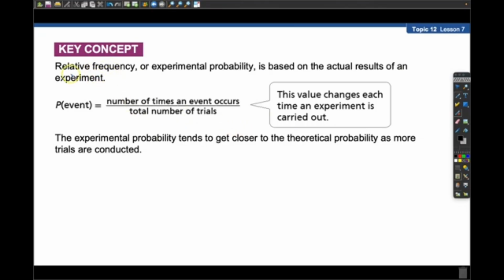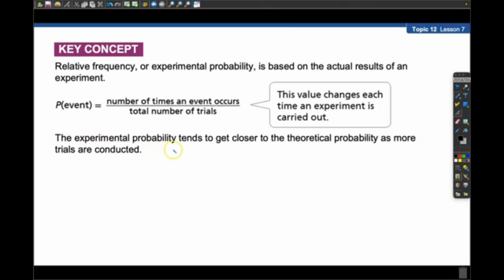So the key concept is telling you that the relative frequency is also known as the experimental probability, and it's based on the actual results of an experiment, okay? Theoretical is before we do anything, what should happen, and then the experimental probability is after we actually run the trials, and that is what happened, okay? Also, this was example 3.